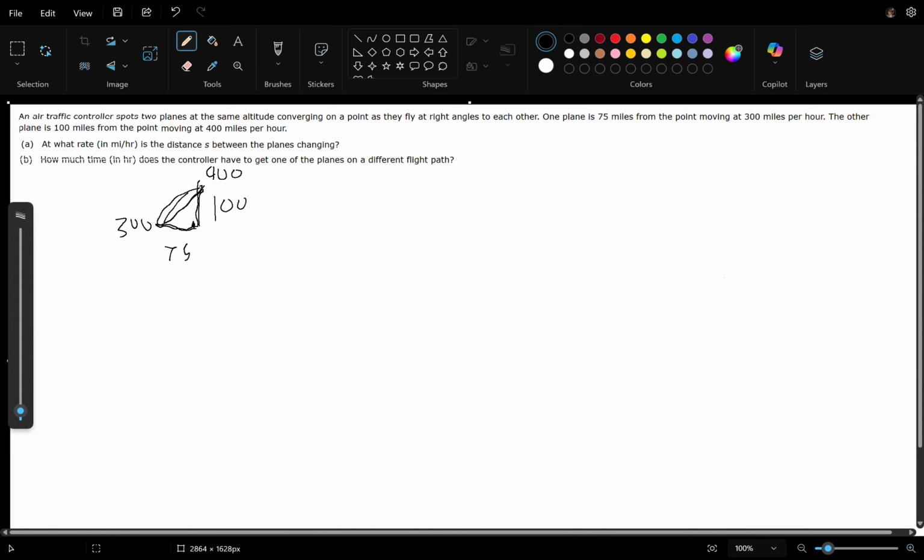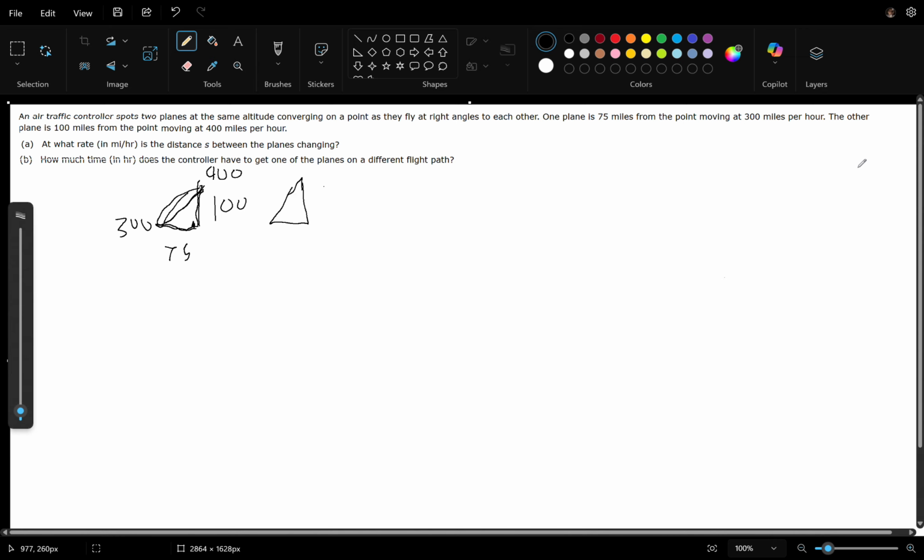So then we can use the Pythagorean theorem, but before we do that, we need to find the rate of change and all the values we have. So first, let's label the triangle.